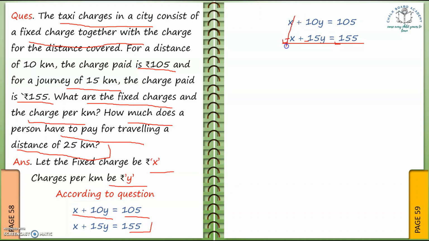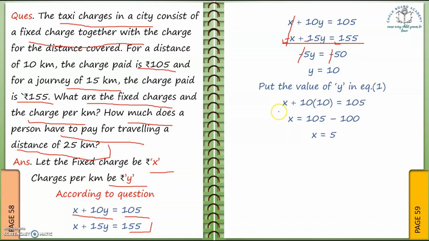So this x is eliminated by x. Now we got 10y minus 15y, that is minus 5y, and 105 minus 155 is equal to minus 50. So again signs are cancelled. Now we got y as 10. Now we can put the value of y in equation 1.